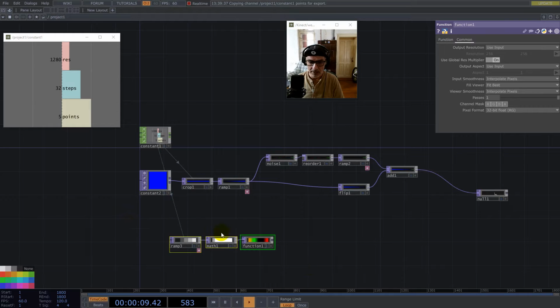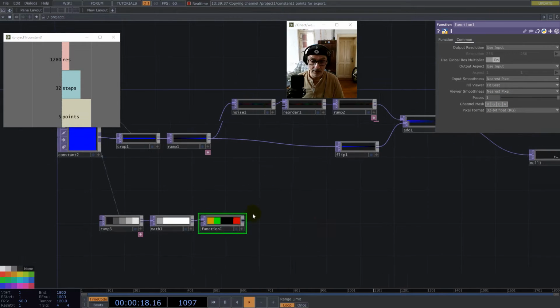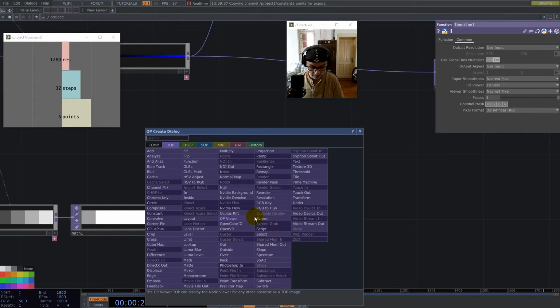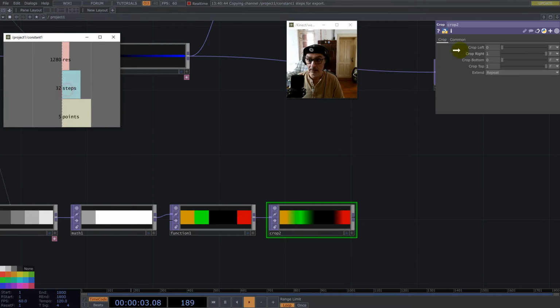Okay, now we have those points in a circle distribution, and we need to have as many of those circles, let's say polygons, as how many steps we have. So if we group now with the number of steps, okay, we are good.